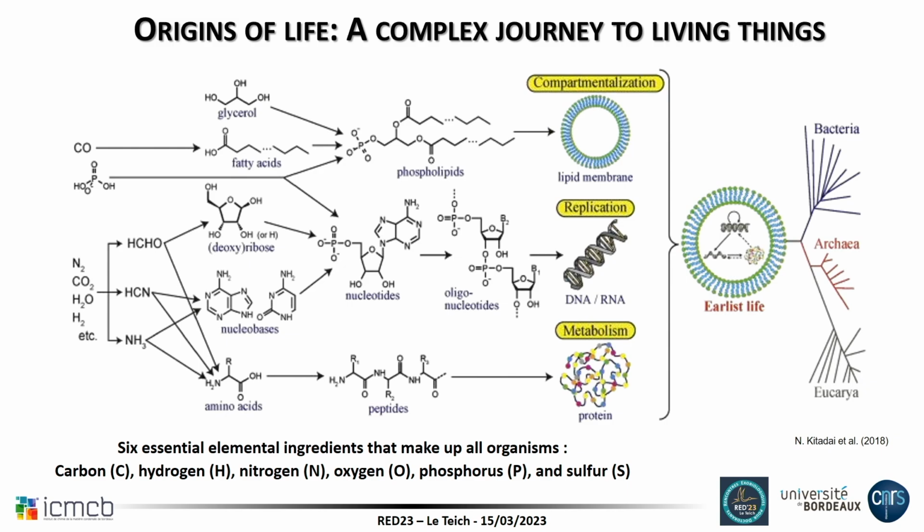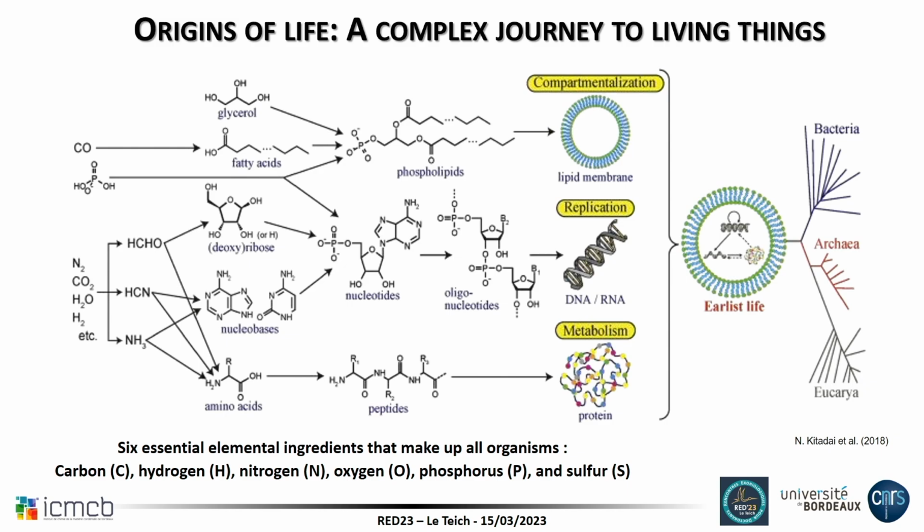So this picture is quite important here, because it's a simplified chemical pathway, I would say, but it's some kind of a guideline from these tiny molecules here that could combine in different ways to create lipids and phospholipids for compartmentalization, RNA for replication, and proteins for the metabolism.